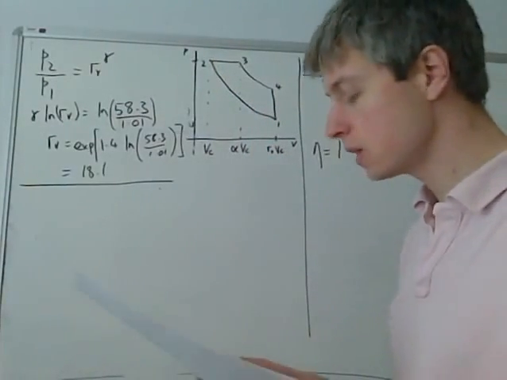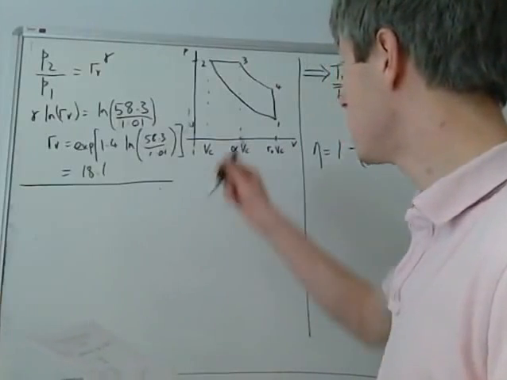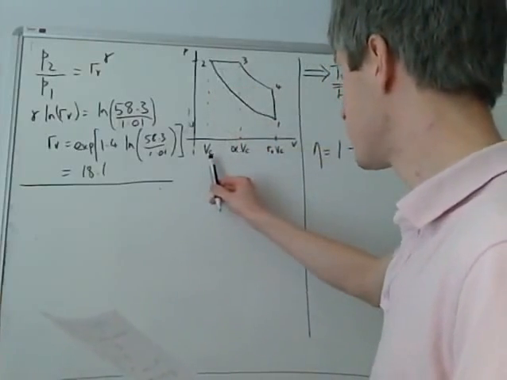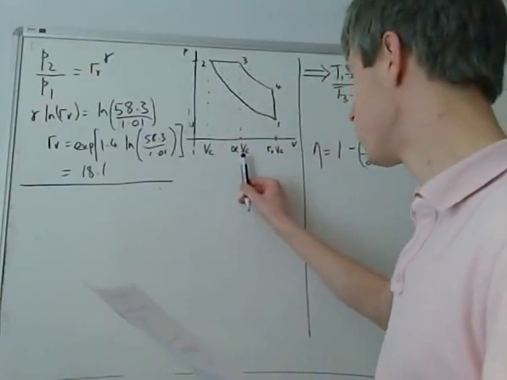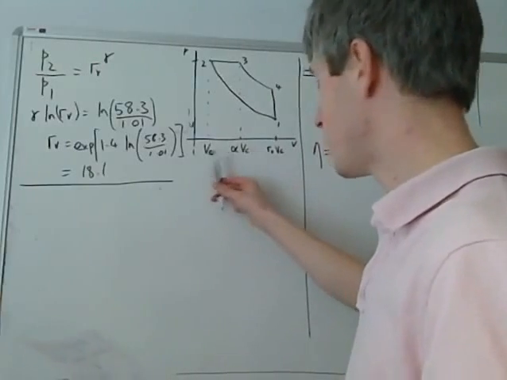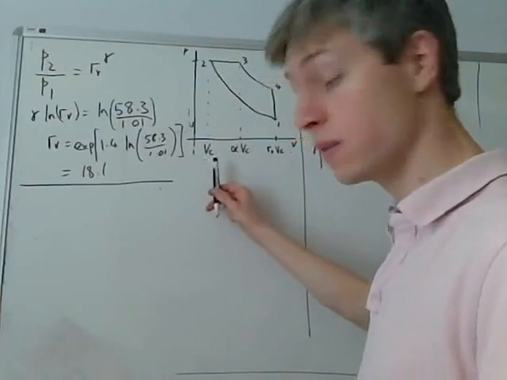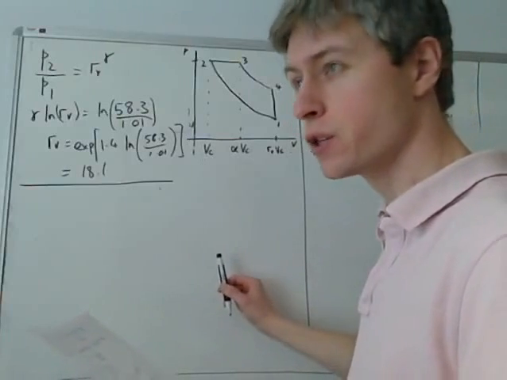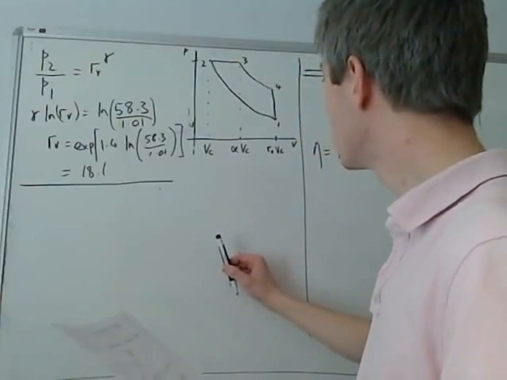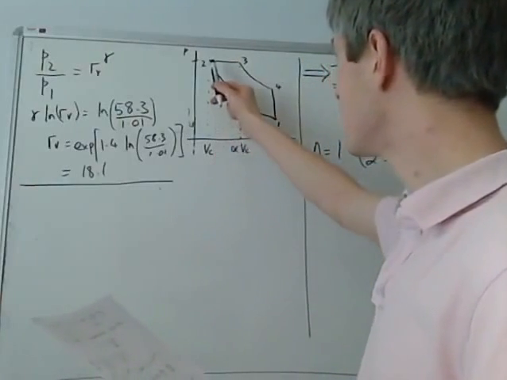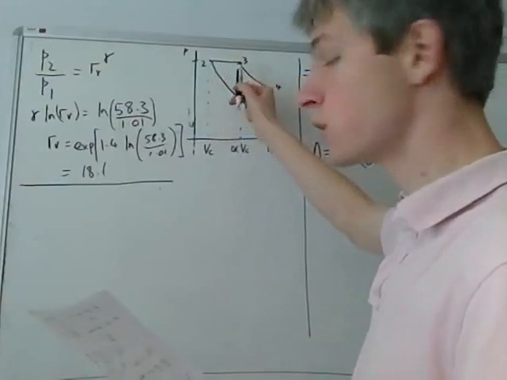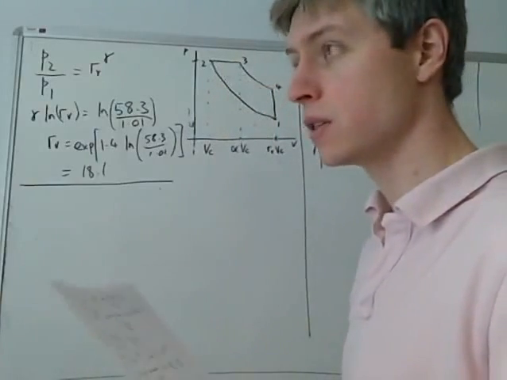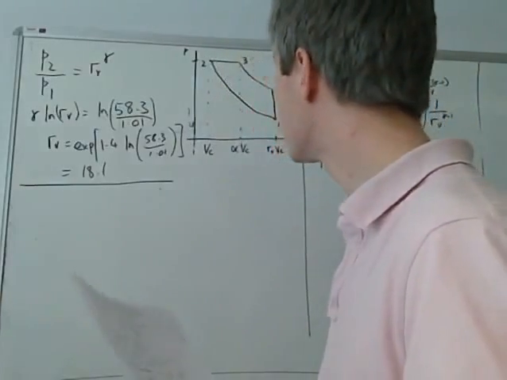So we need to come up with a method to find the value of alpha for this constant pressure heat addition process. What do we know about this process? We know the amount of heat added from the question was 2 megajoules per kilogram. We know something also about the temperature at 2 and temperature at 3 because we calculated those in order to find the efficiency.